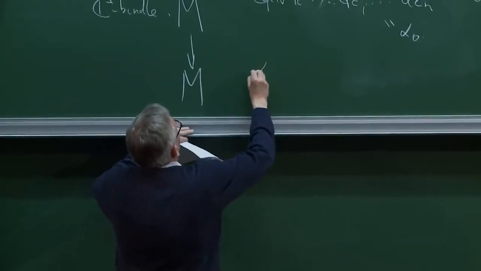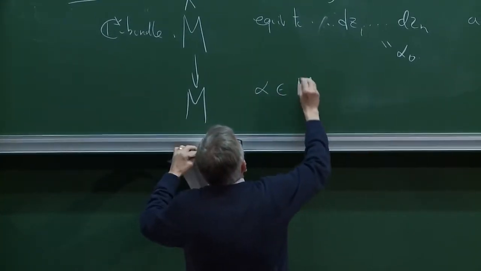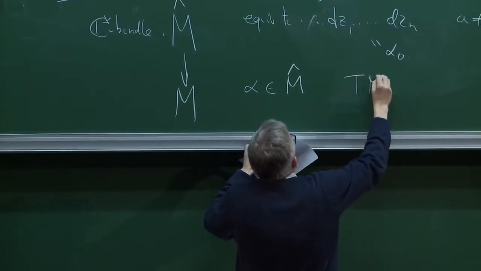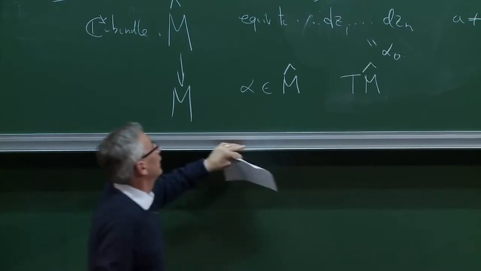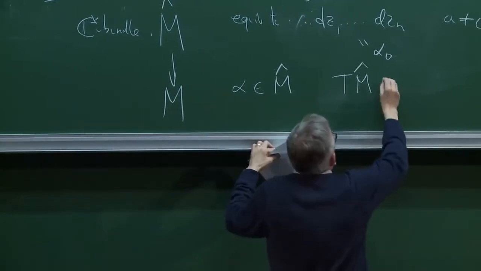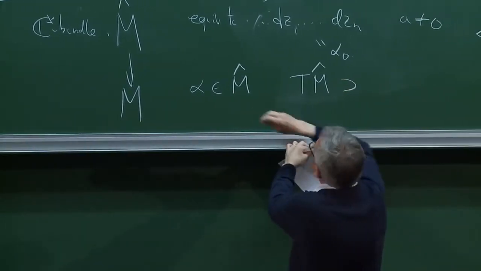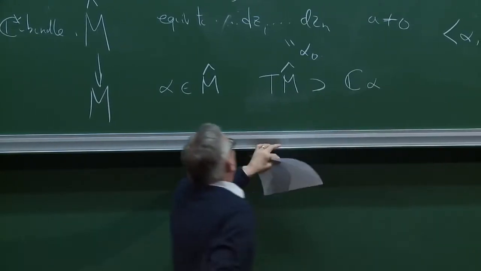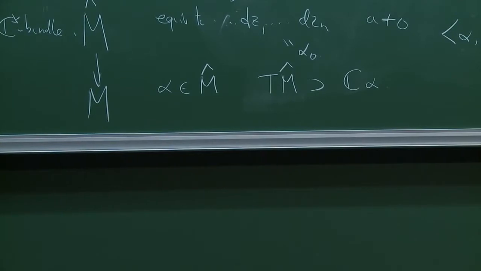So supposing I have an alpha in M hat. I look at the tangent space of M hat at the corresponding point. That contains alpha. Because this is a cone, this thing contains C times alpha.